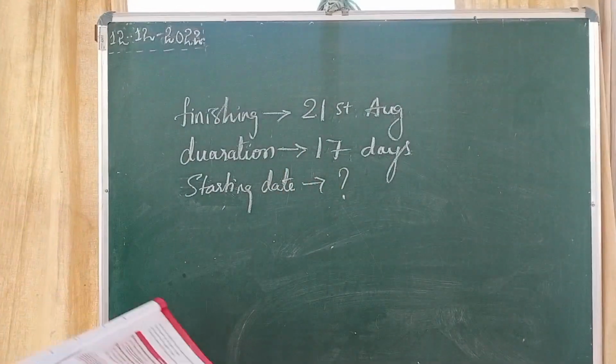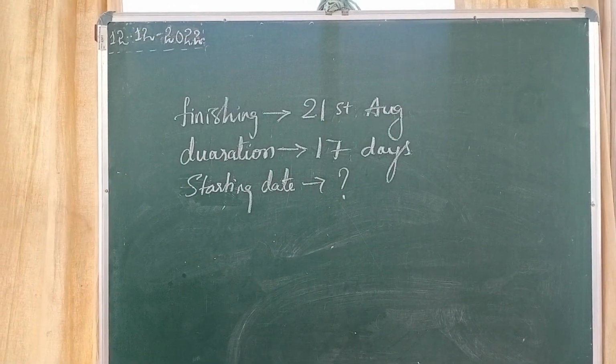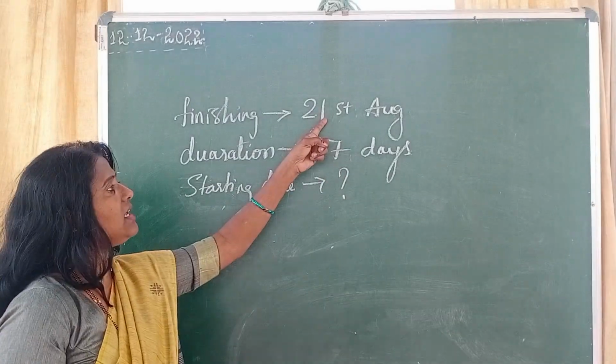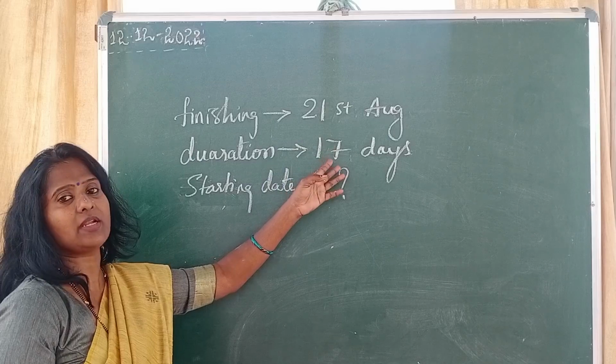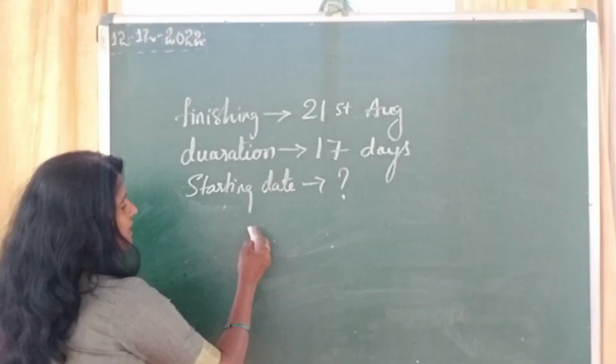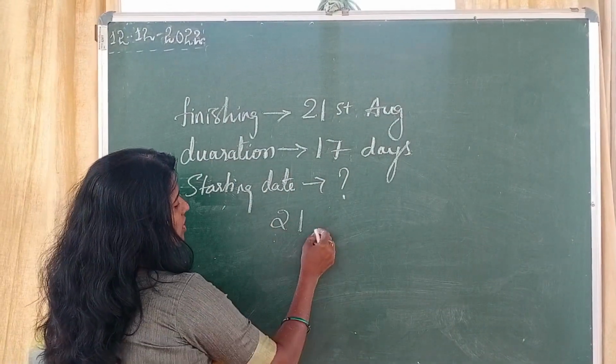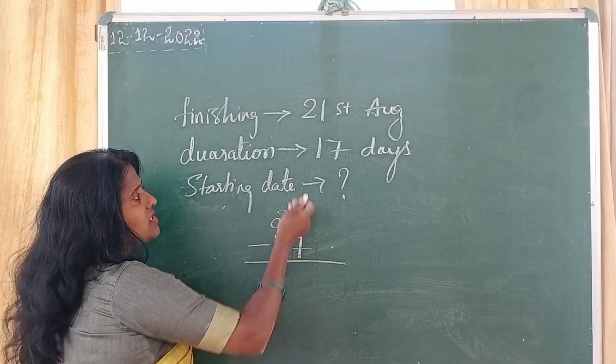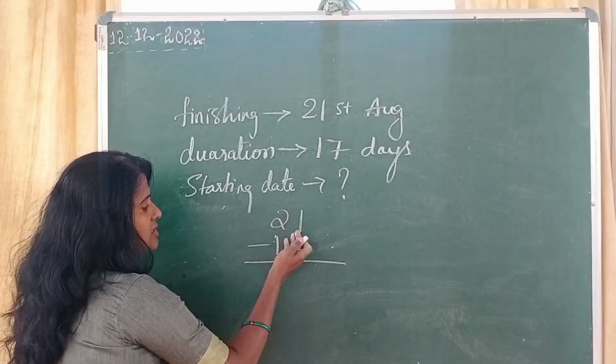Question, starting date. So here, starting date means you have to subtract from 21st August; you have to go back, no, for the starting date. So 21st August minus 17 days, because this is the bigger number and this is the smaller number.